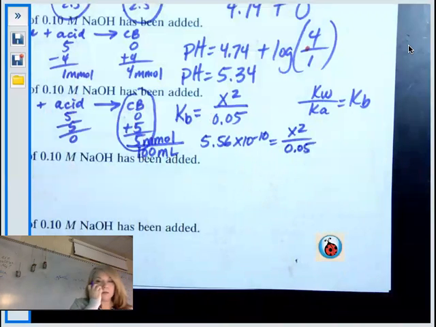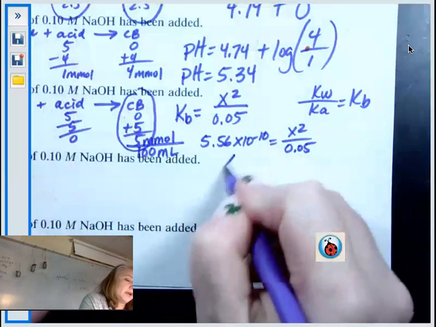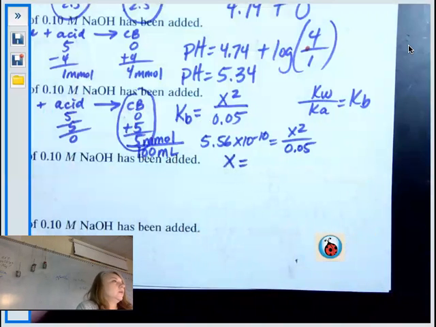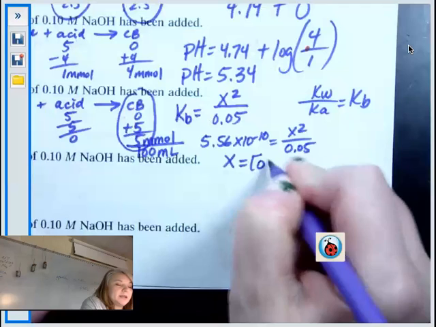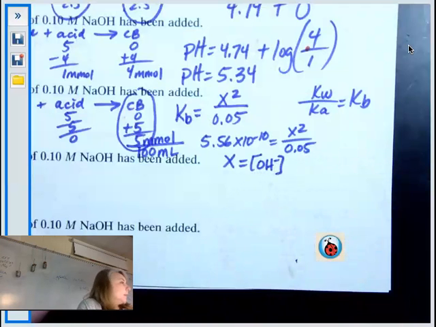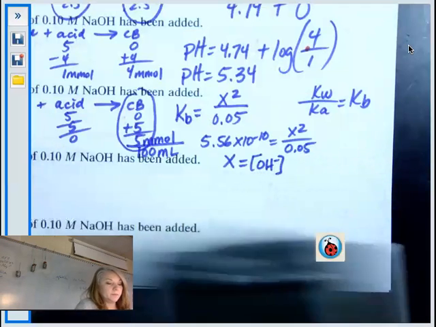When you solve for x right now, what is that going to give you that's going to allow us to calculate pH? Is that going to give you H plus? No, that's going to give you OH minus, because this is a base. Right, good.